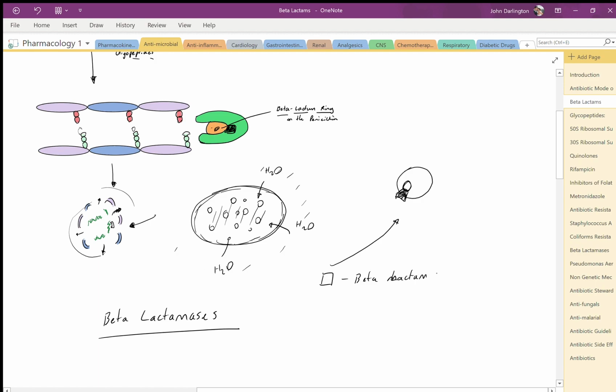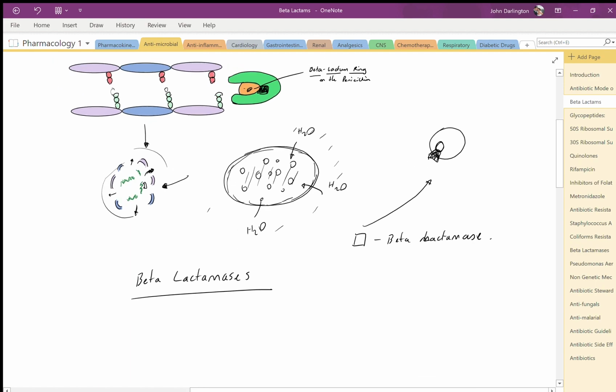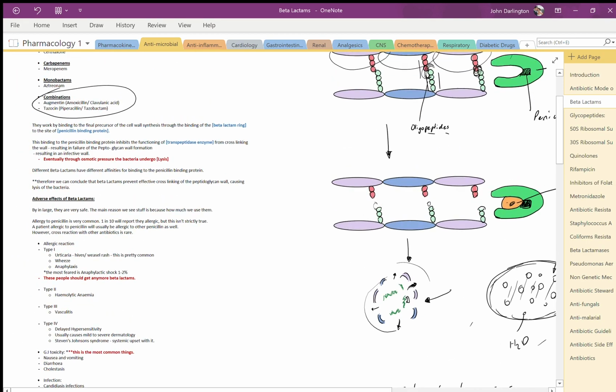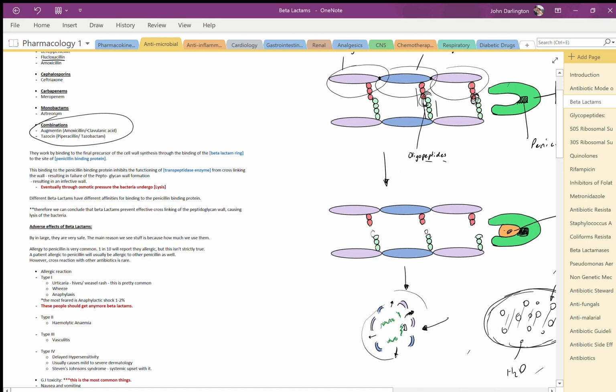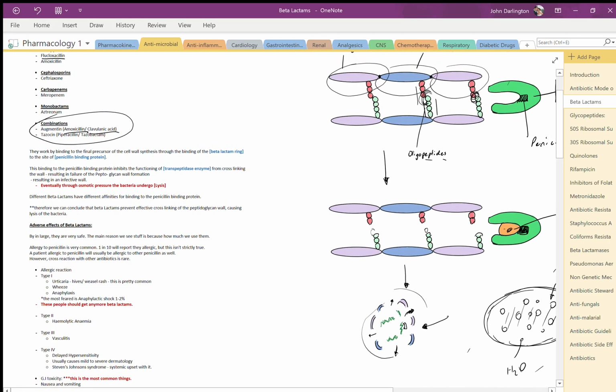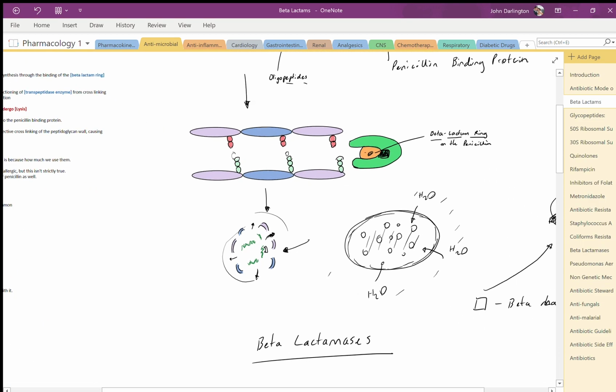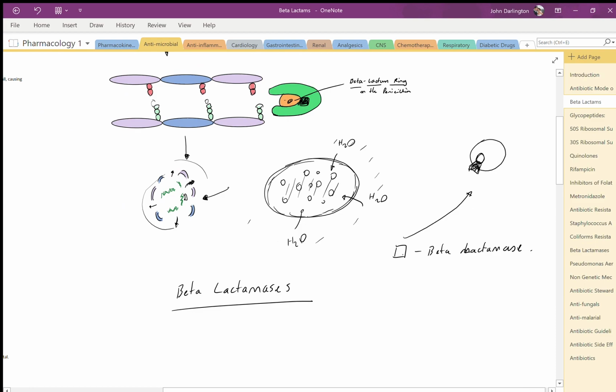So what we can do is give combination drugs such as amoxicillin and clavulanic acid. I don't know how you pronounce it, which is Augmentin, which you may have heard of. What the clavulanic acid does is it binds to these beta-lactamases. So just redraw this. This is a beta-lactamase.